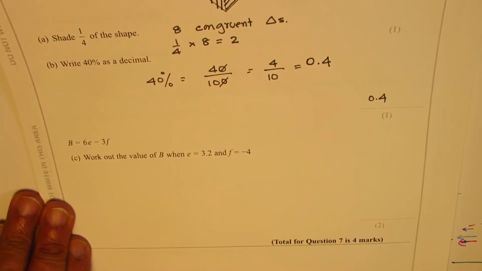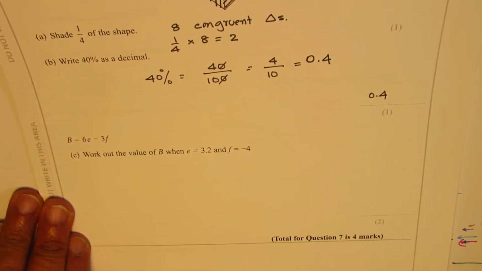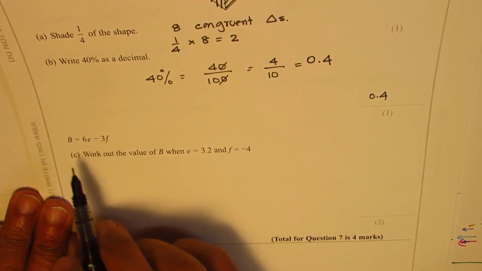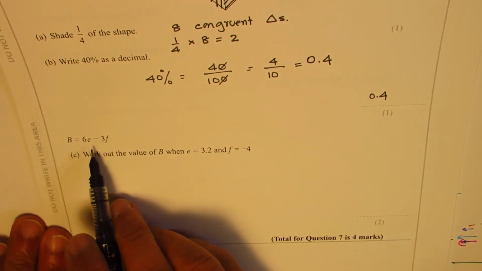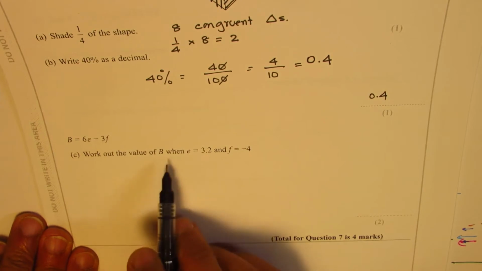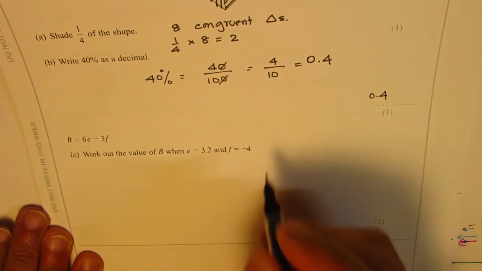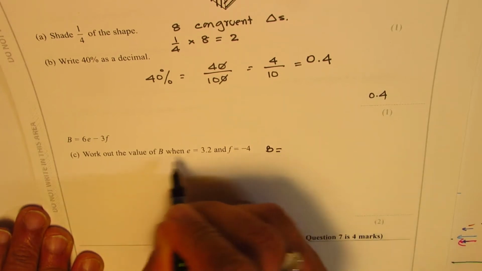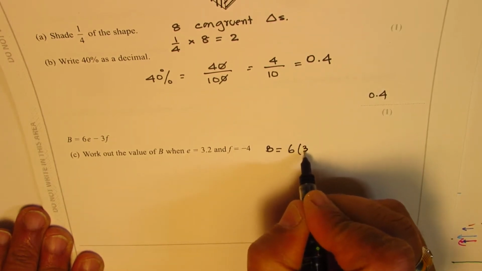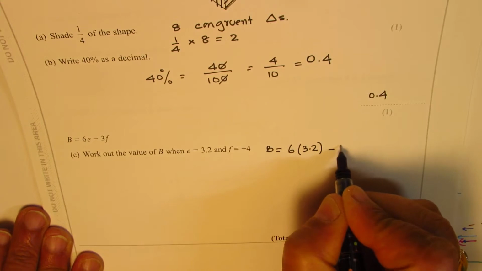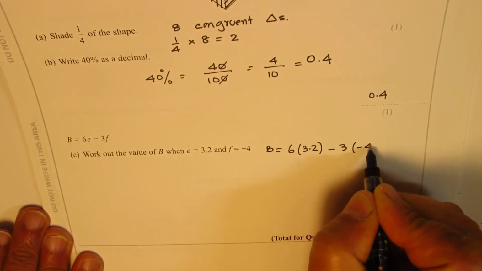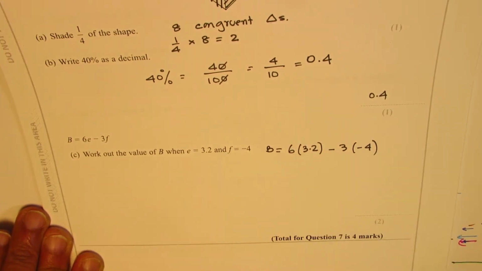Now remember, calculator is allowed for this test paper. So you could use a calculator also. B equals 6E minus 3F. Work out the value of B when E is 3.2 and F is minus 4. So the value of B will be equal to 6 times 3.2 minus 3 times minus 4, right? Substitute the values.